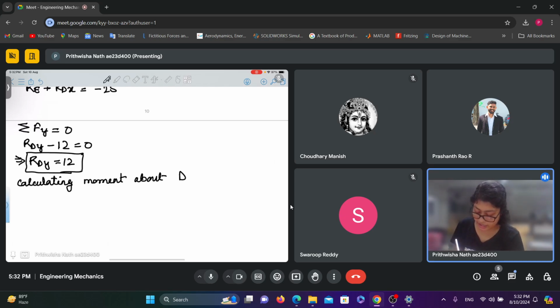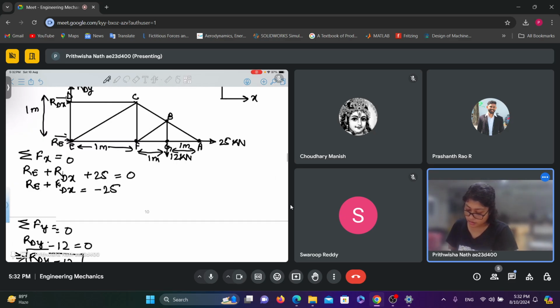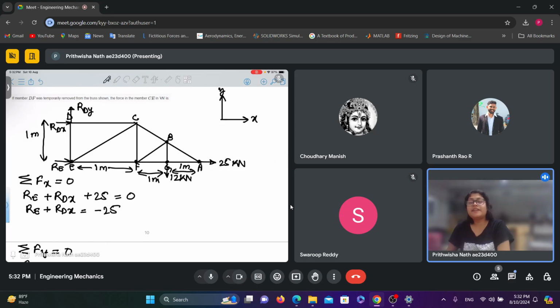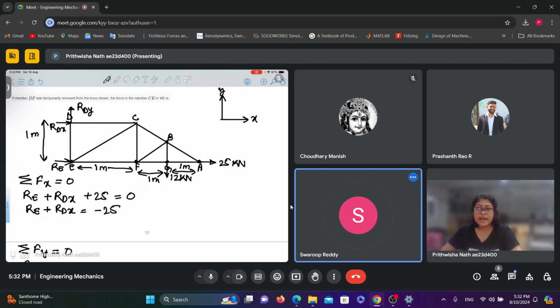And I'll assume anti-clockwise direction to be positive. So can someone tell me what are the forces that are contributing to moment about point D? 12 kilonewtons, and 25.